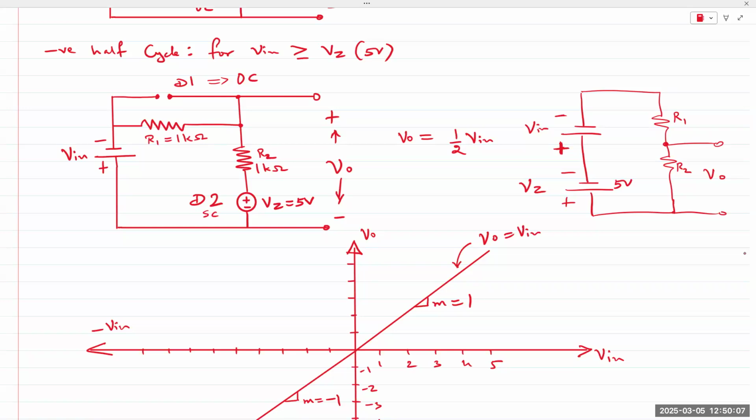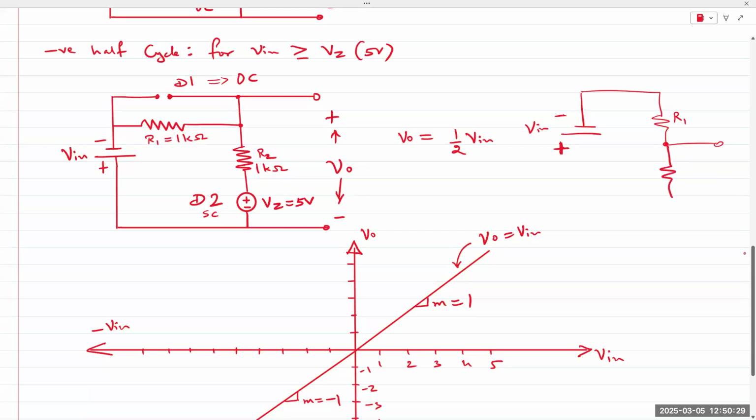Okay, what am I missing? I know I solved this. Output's taken across the negative end of the zener. Oh, wait, so it's not like this. Do it incorrectly.